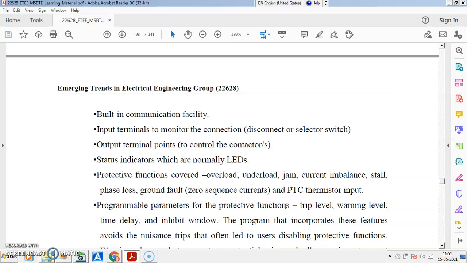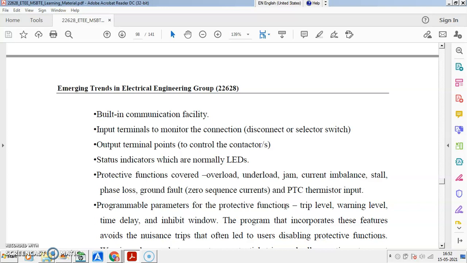If your relay is designed for overload, a thermal overload relay in a conventional setup, that only operates with overload, then you need to design another relay for underload, another feature for jam, another feature for current unbalance, and another relay or sensing system for stall, phase loss, and everything.